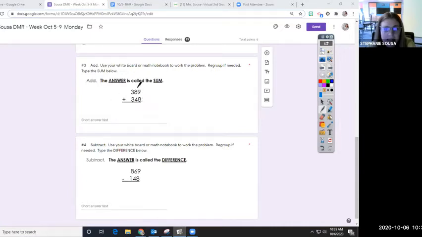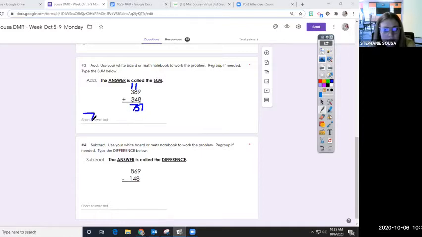9 plus 8 is 17, so I carry my 10, put down my 7 ones. 1 10 plus 8 tens is 9 tens, plus 4 more tens is 130, so I carry my 100, put down my 3 tens. Then we have 3 hundreds plus 100, that's 400, plus 3 more hundreds, that is 700.